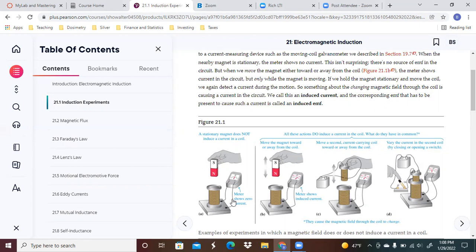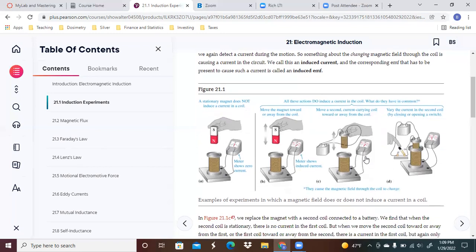Even when you're moving at a certain velocity, motion exists, but there's no changing of the force because there's no acceleration. Same type of deal here: you have the magnetic field present, but there's no change in it. Therefore, in a nearby coil, you're not measuring any sort of current.